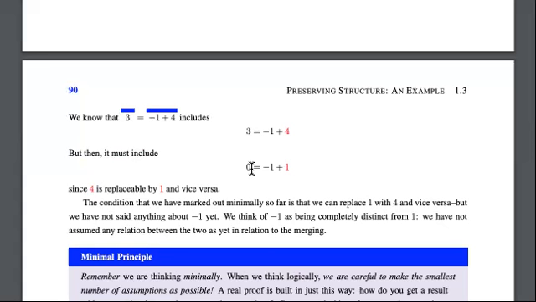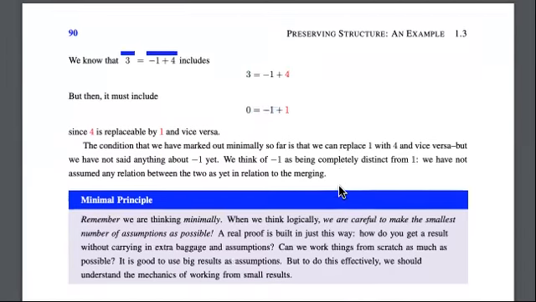So if 1 is merged to 4, 0 has to be merged to 3, because if we replace 4 with 1, both results should go to the same place in the end. So by replacing 4 with 1, we look at the results, and 3 and 0 should also merge together.